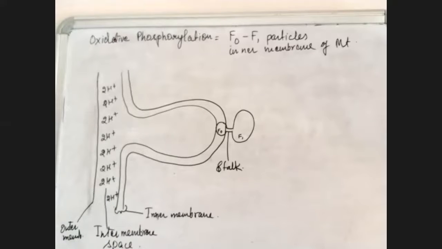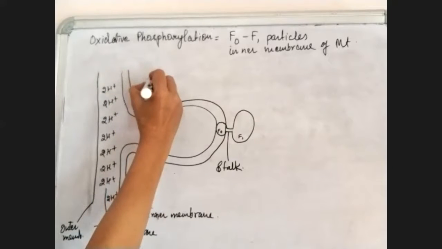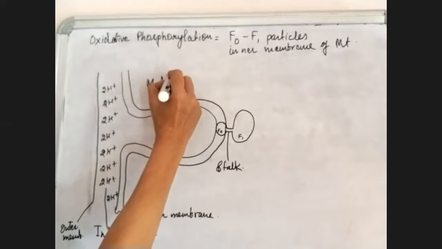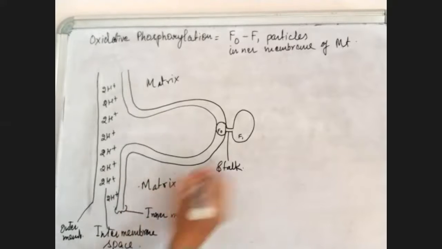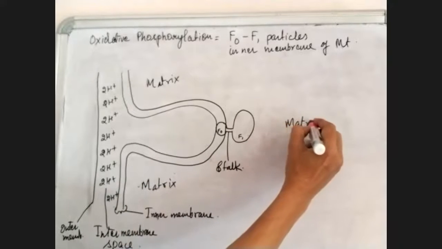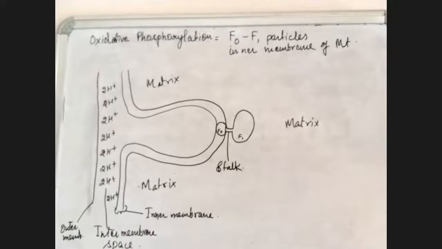Now, the breakdown of this proton gradient will take place. When the breakdown takes place, that means the protons start diffusing towards the matrix. This is matrix. This is also matrix. This is also matrix. So the protons from their higher concentration start moving towards the lower concentration.